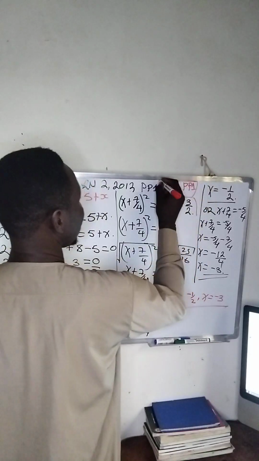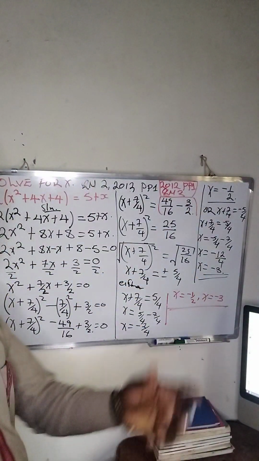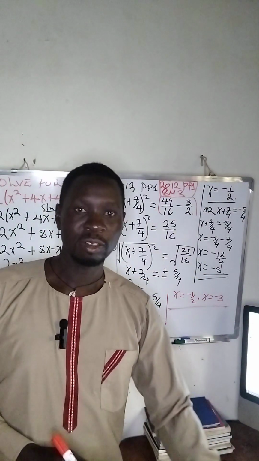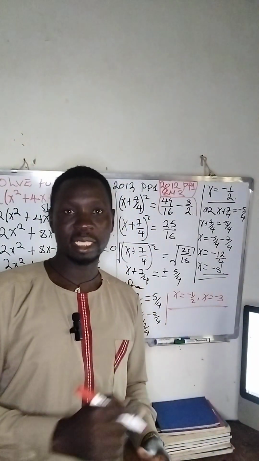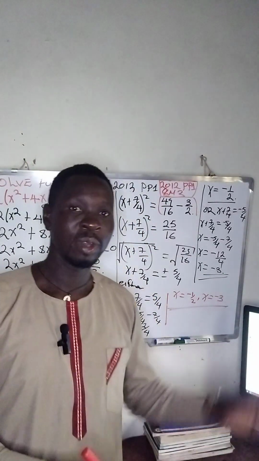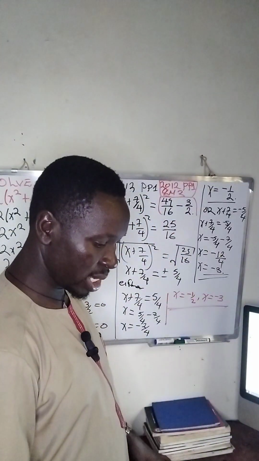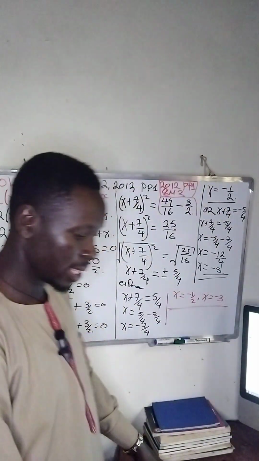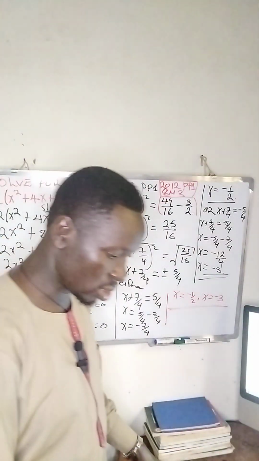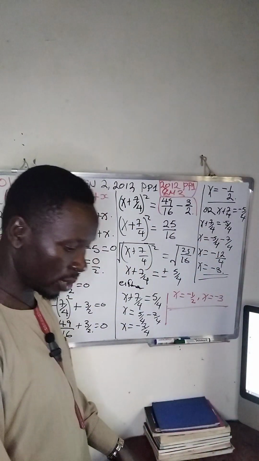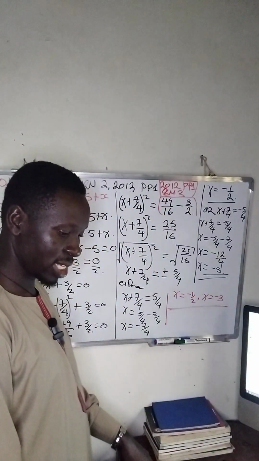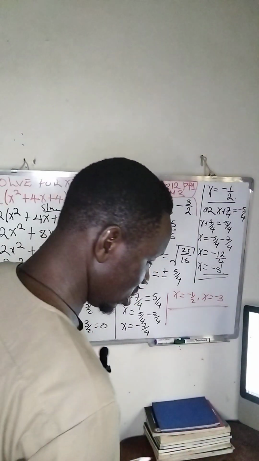Yes, you do that one for me in the comment section and provide the values of x. They are supposed to be two for that question, and for those without a question bank, it is something like 2x squared minus 3x minus 20 is equal to 0.